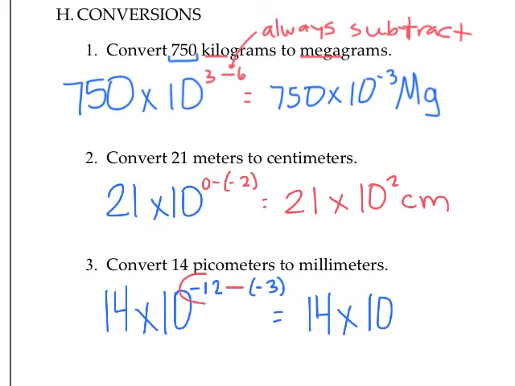And when we look at all of the work done in the exponent, -12 minus a -3 ends up being -12 plus 3. So that's going to leave us with an exponent of -9 millimeters. And again, you can move your decimal over and change your exponent to make it correct scientific notation.